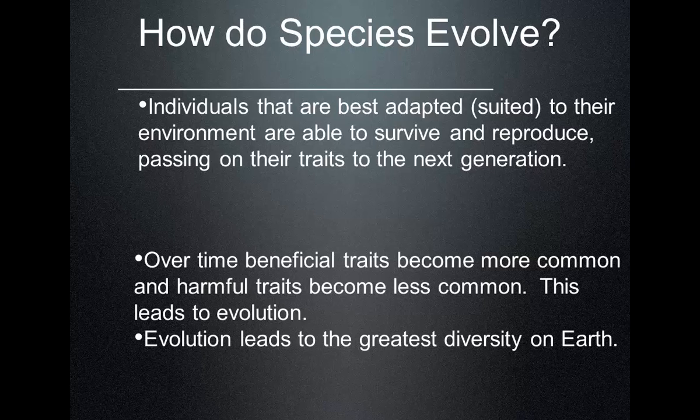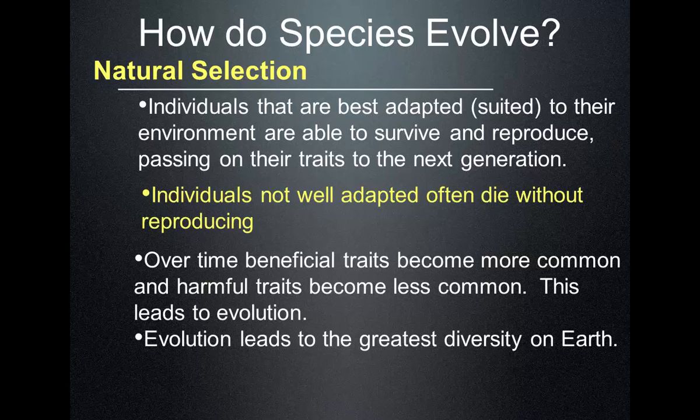In natural selection, the members of a species that have the best traits, the best characteristics that help them survive, survive better, and therefore usually reproduce more. When they reproduce, they pass on these helpful traits to their offspring, and these helpful traits become more common over time.